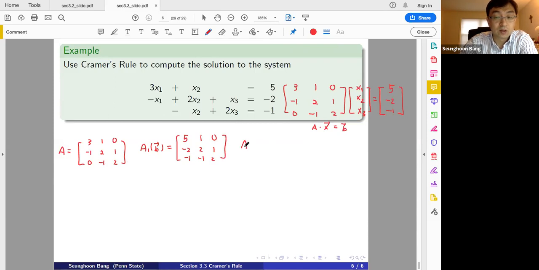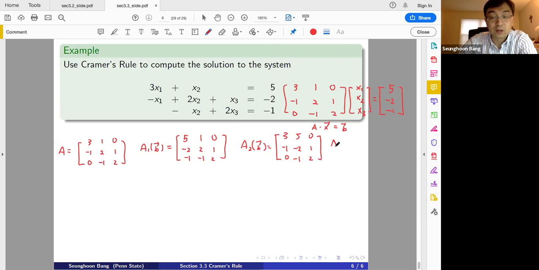The next one, A2B. You have to keep the first column, 3, minus 1, 0, and only replace the second column by vector B, 5, negative 2, minus 1. The third column is 0, 1, 2.